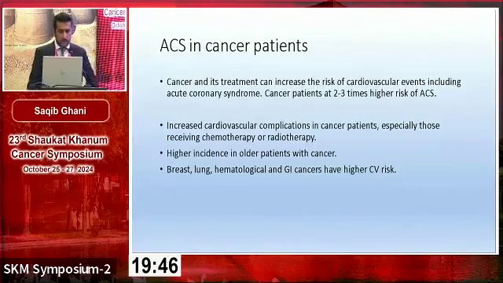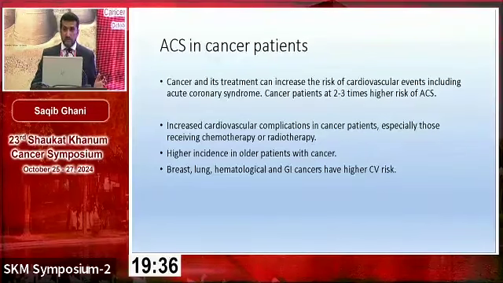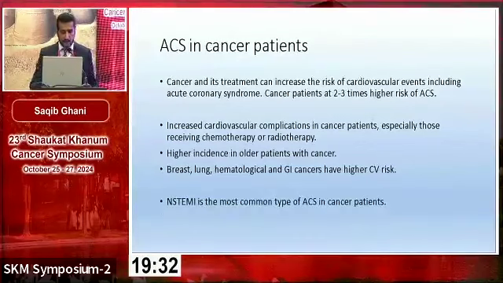Breast cancer, lung, and hematological malignancies, along with GI cancers, have been reported to be more associated with cardiac complications and ischemic heart disease. They're also the ones which are more challenging to treat because they have high risk of bleeding at times. And as I've already mentioned, non-ST elevation MI is the most common presentation amongst all the ischemic heart disease.